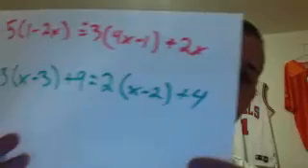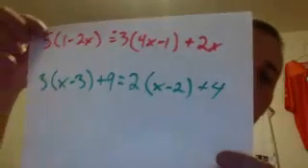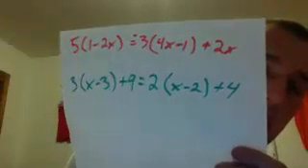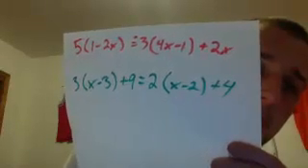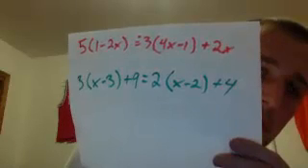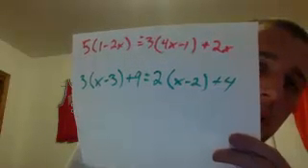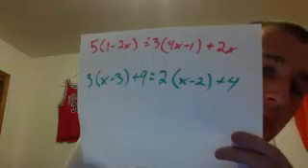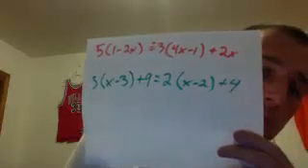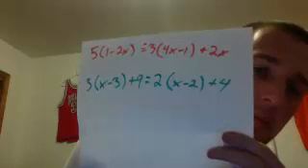Okay, let's do the green one on here now. So that is 3 times parentheses x minus 3 plus 9 equals 2 parentheses x minus 2 and plus 4. There we go, solve for x.